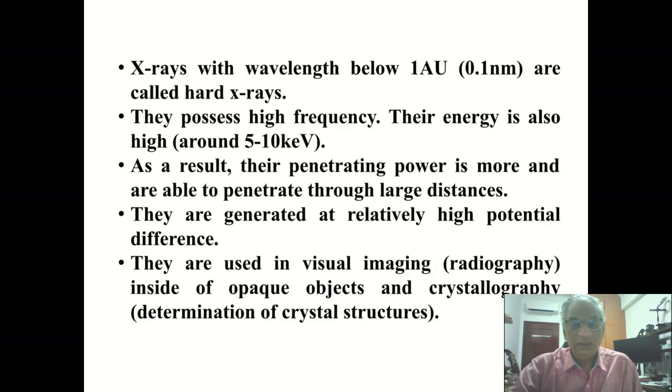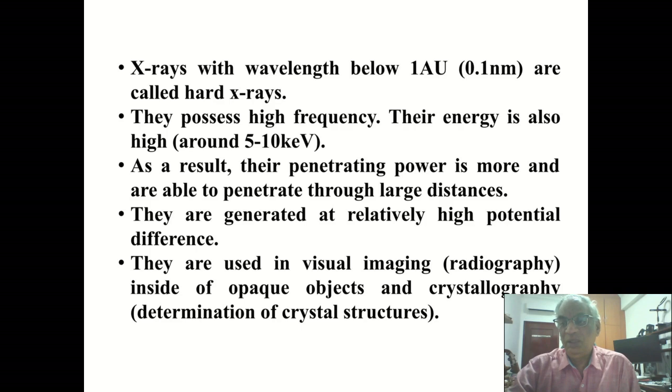and they are used in radiography studies. X-rays with wavelength below 1 angstrom unit, that is 0.1 nanometers, nano is 10 to the minus 9 meters, are called hard X-rays. These hard X-rays wavelength region also coincides with the gamma rays radiation, but the origin of their generation is different.